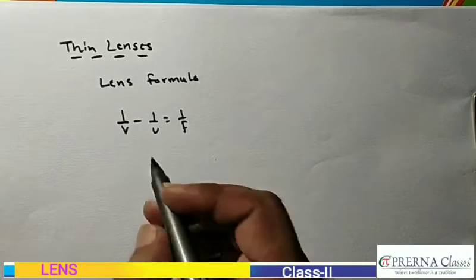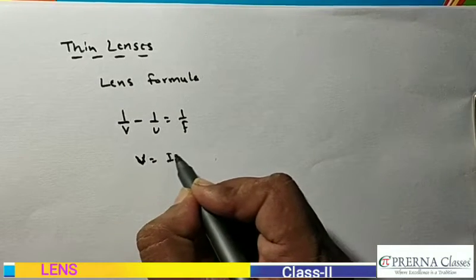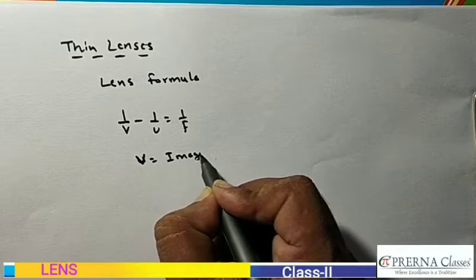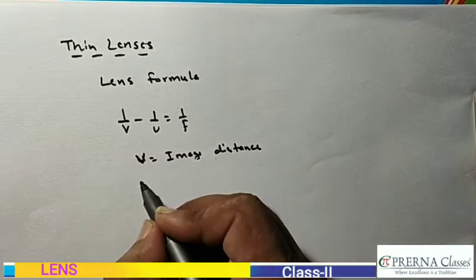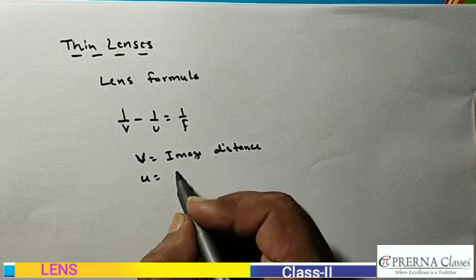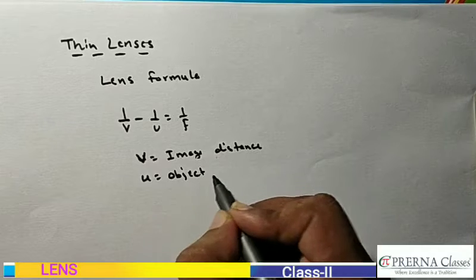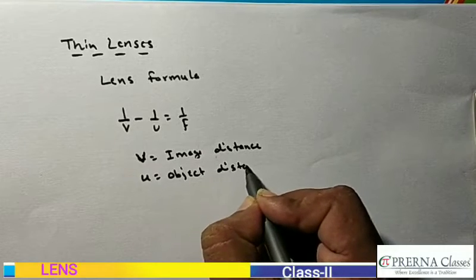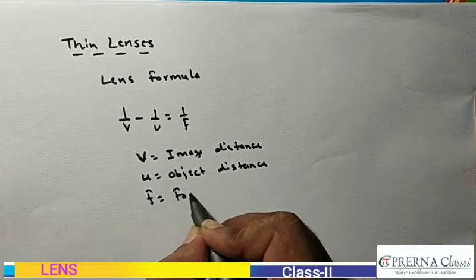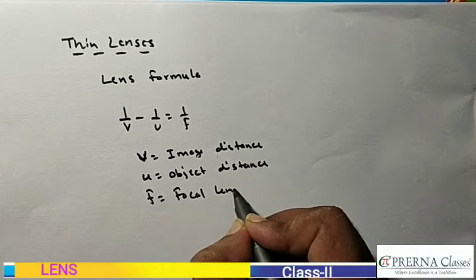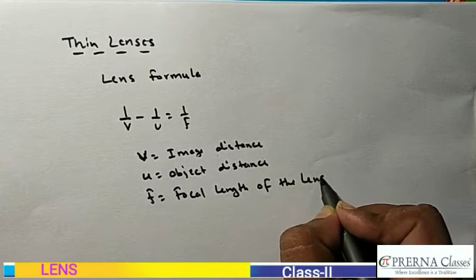Here v equals image distance, u equals object distance, and f equals focal length of the lens.